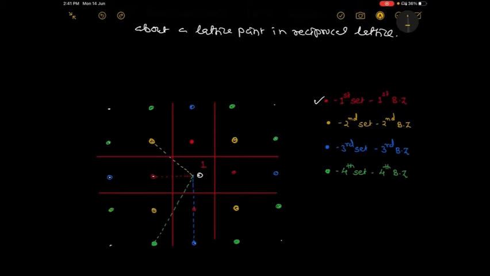This is the first line. Similarly, for the second line, we also draw for that one.